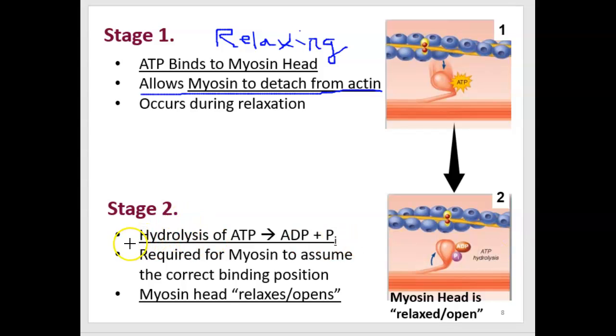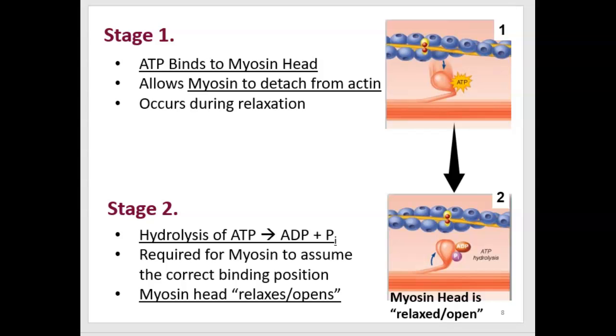Stage 2, myosin breaks down ATP into ADP and inorganic phosphate. That actually kind of makes the myosin head lay back into the appropriate position, which I didn't mention before. So notice the angle of the myosin head up in stage 1, and at stage 2 it's not so extreme, right? So the myosin head is open or relaxed.